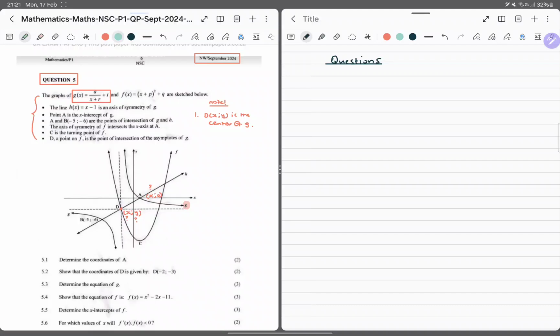We move on. Next, we've got f of x equals (x plus p) all squared plus q. But now we will notice something: before this bracket, there is an invisible 1. It's usually never written in.